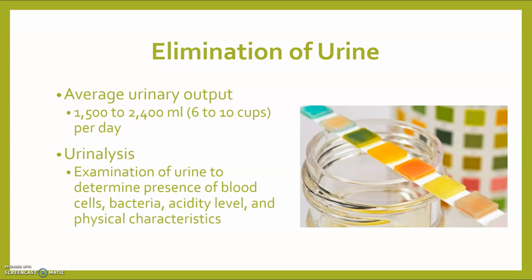They're going to be filtered out. Looking for bacteria, so if you were to have something like a urinary tract infection, you may have bacteria in your urine. The acidity level of your urine, which relates to pH, and other physical characteristics like whether or not your urine was a clear yellow color or if it had cloudiness. That can indicate something is going on.